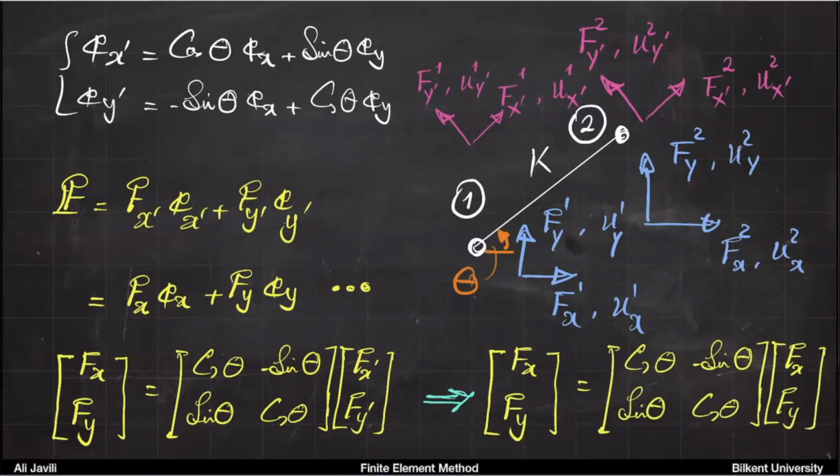So I'm going to put the primes now here. And in doing that, all you have to do is to just have a plus sign here, minus sign here. So let's make it very clear about the signs of theta. So this is what happens. So this is the relationship between the two systems.